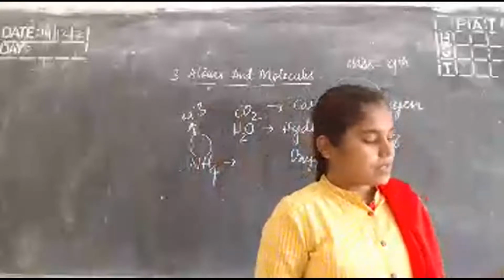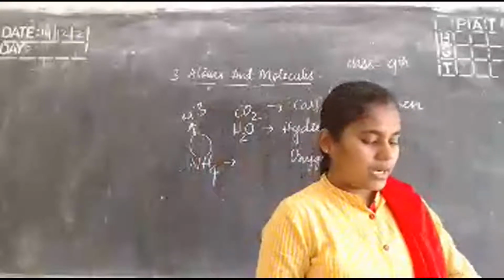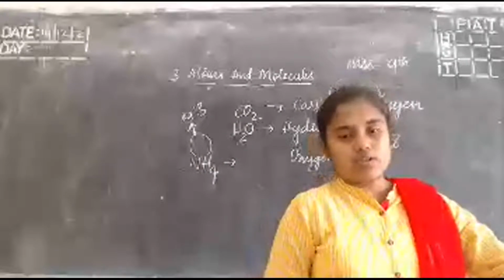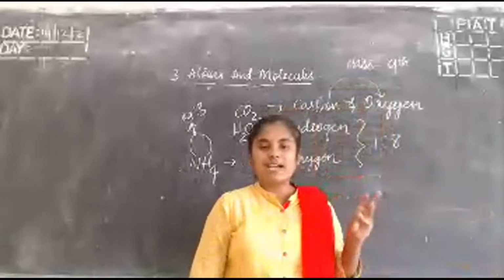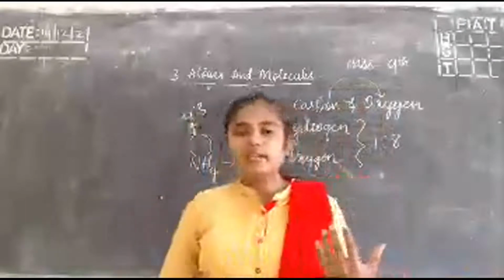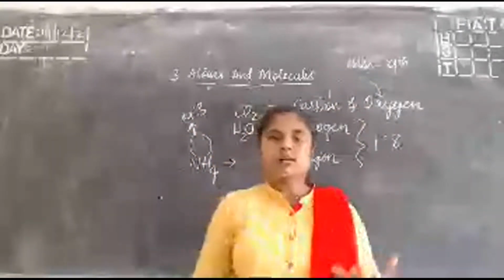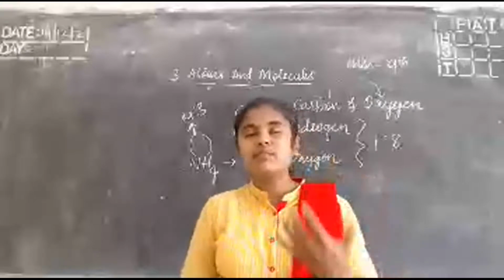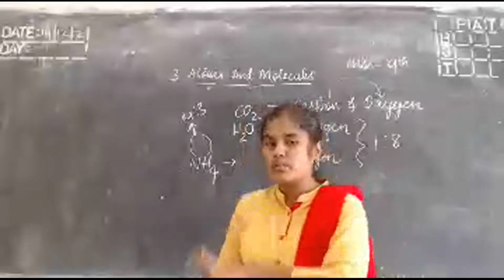Next we have the topic called ions. We have studied till now about atoms, which are tiny particles. Then we said molecules, where two or more atoms combine and form a molecule.